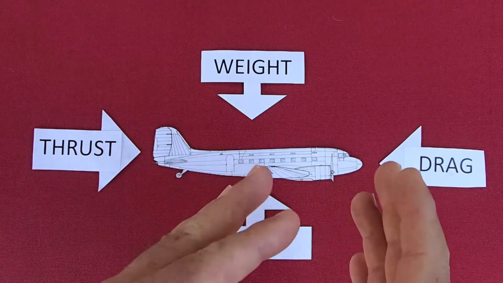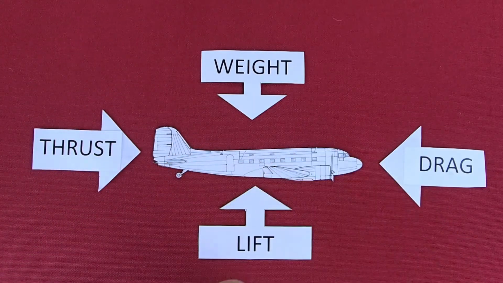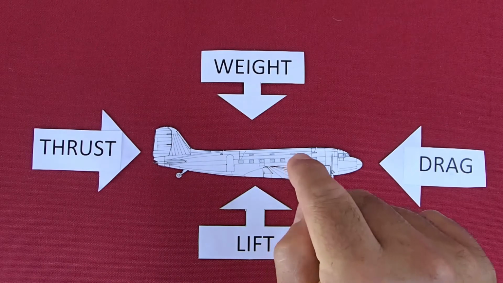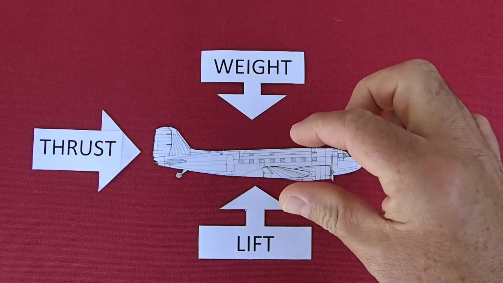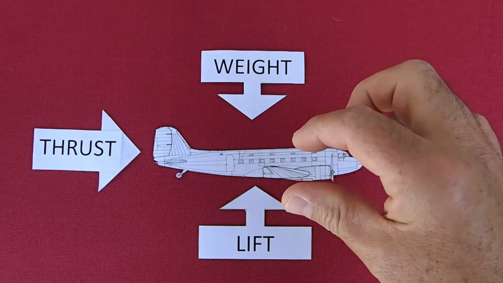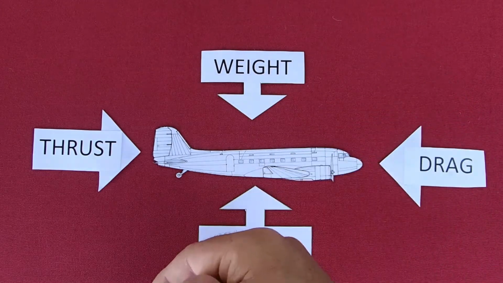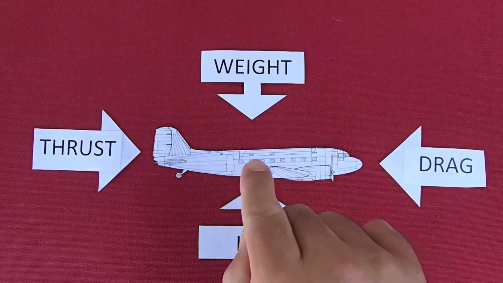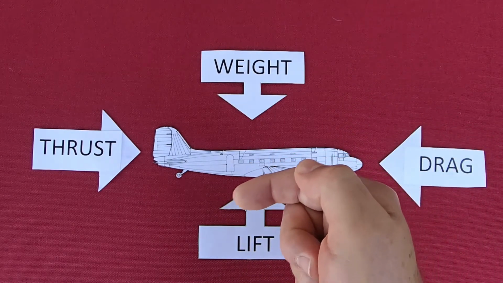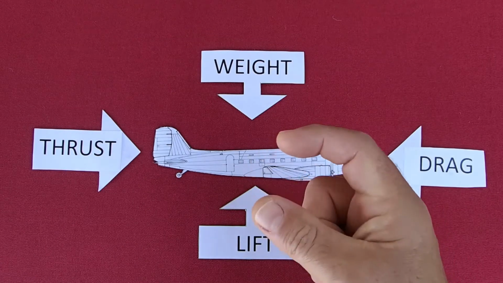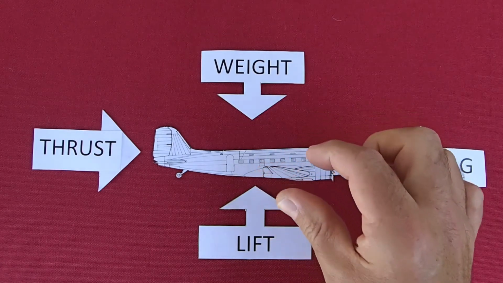That mass of air being shoved downwards has to equal the weight of the airplane for the airplane to remain at a constant altitude. If the wings are pushing more air down than the weight of the airplane, then the plane will climb. If the wings are pushing a mass of air that is lower than the weight of the airplane, the plane will come down.